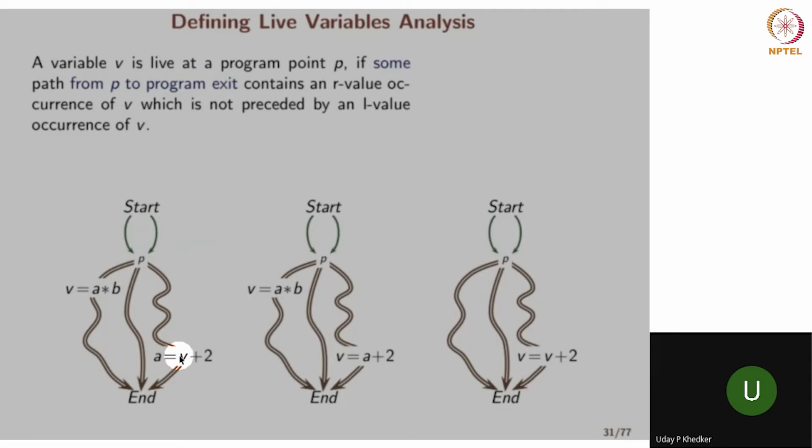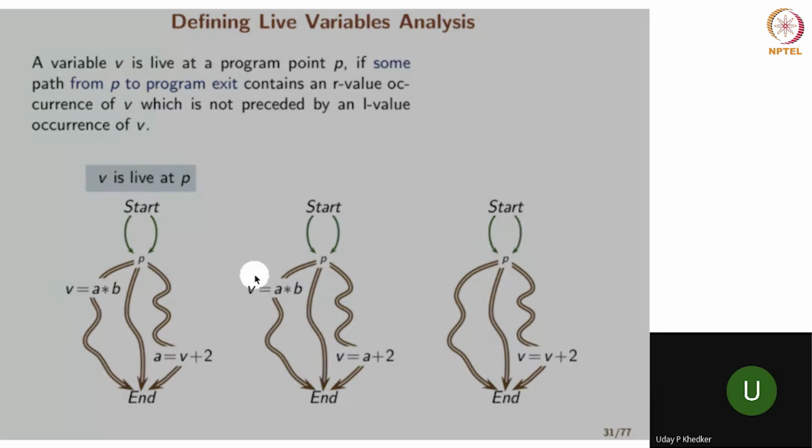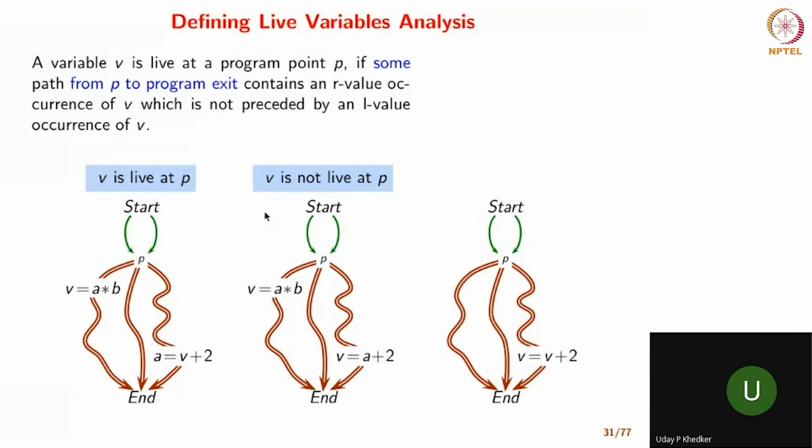So although we have a path along which there is no R value occurrence, for example, this has neither R value occurrence nor L value occurrence, here we have an L value occurrence, and yet we are saying that it must hold for some path and therefore V is live at P. By contrast, when we look at this program, here we do not have an R value occurrence. Here also we do not have an R value occurrence, and here also we do not have an R value occurrence, and therefore V is not live at P.